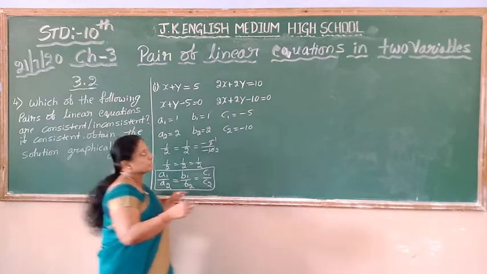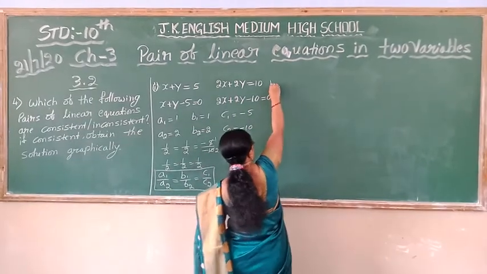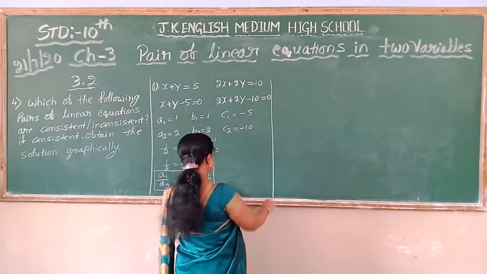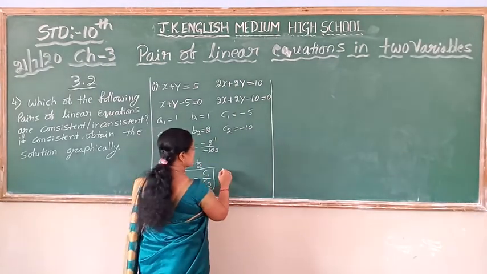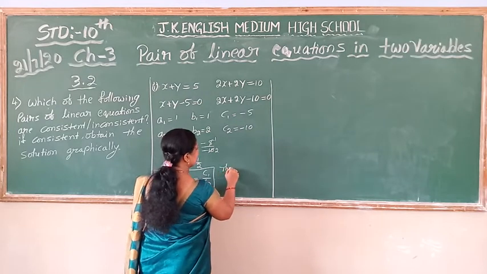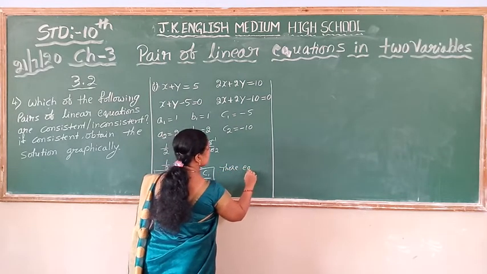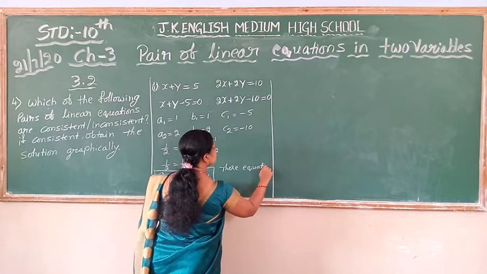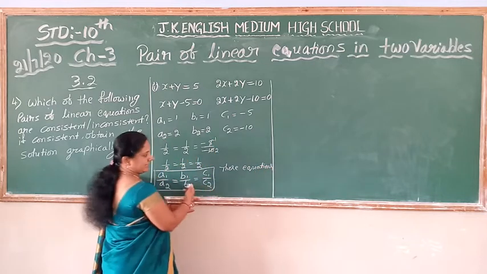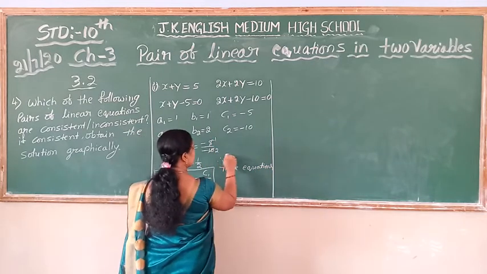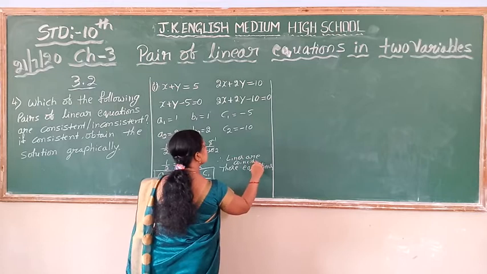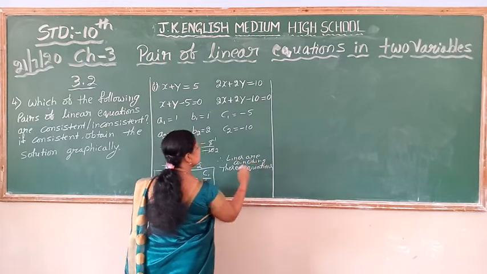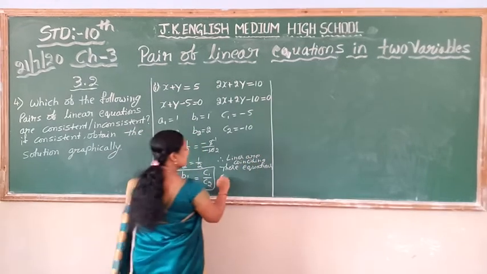If they are coinciding lines, then these pair of linear equations are consistent.